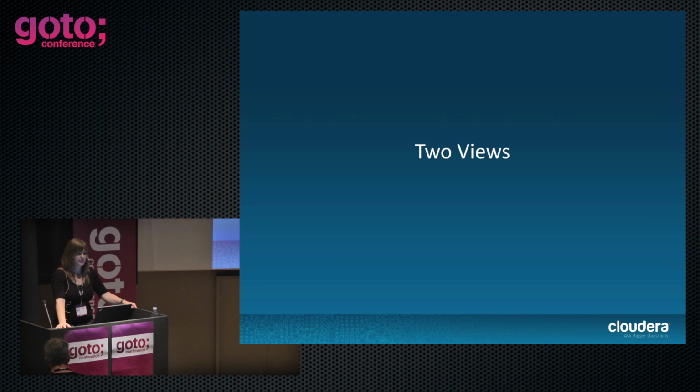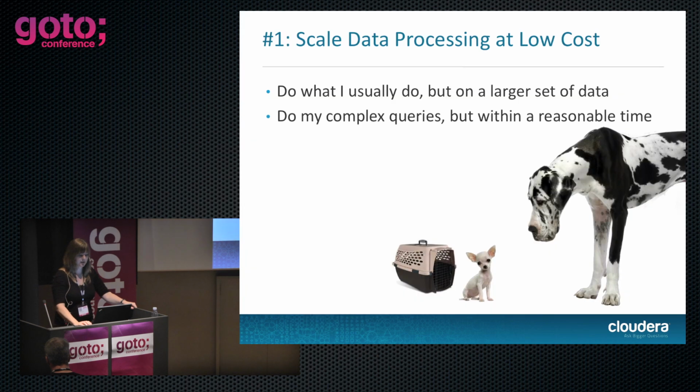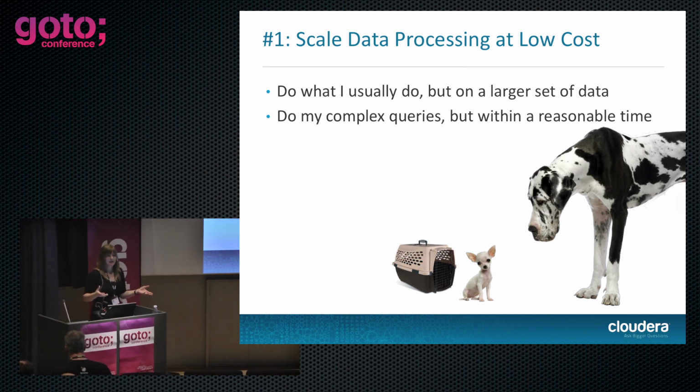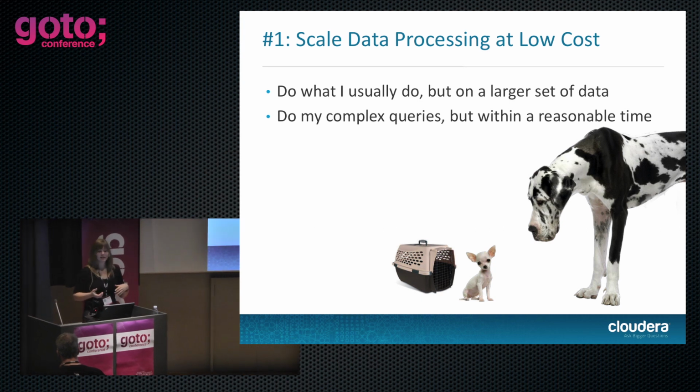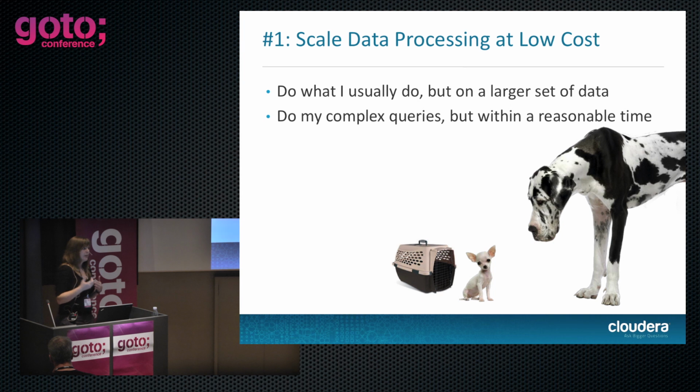There are two views of big data problems in organizations today. One is, again, the scale problem, right? I have this data processing management system in my environment today, but I predict great growth, and I can't really afford scaling up the traditional systems. Or I have such complex queries that as my data has grown, they take longer and longer to execute because the queries or the model isn't scalable, right?